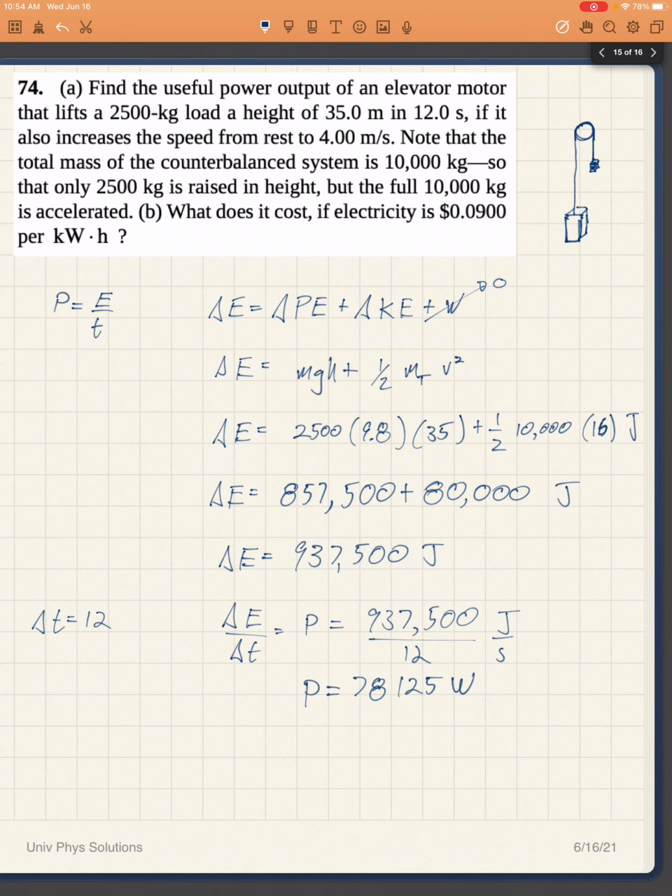Alright, we could put this in kilowatts. So it'll be 78.1 kilowatts.